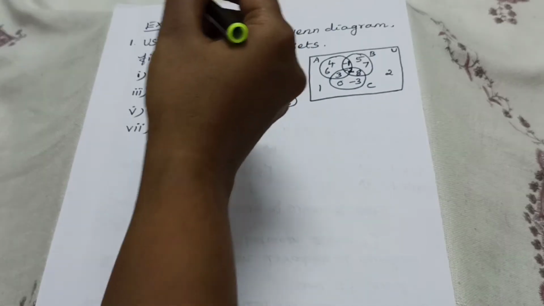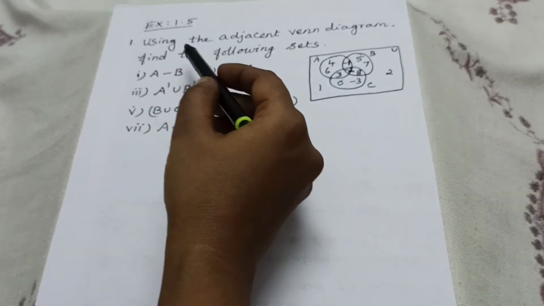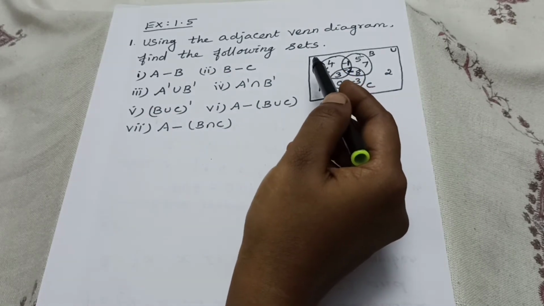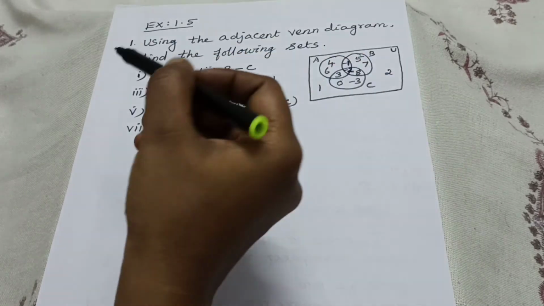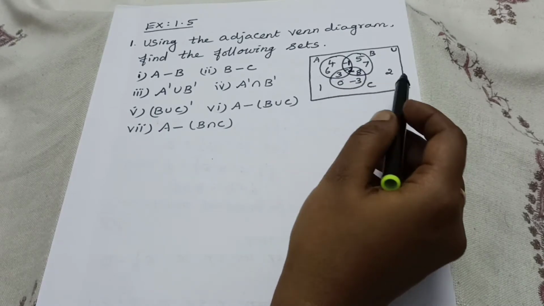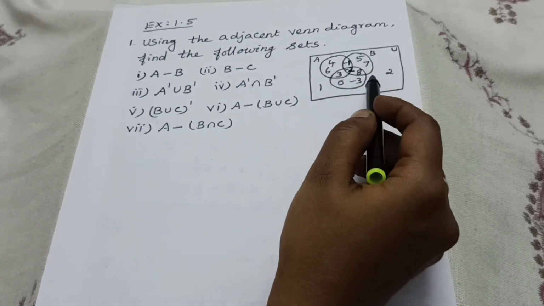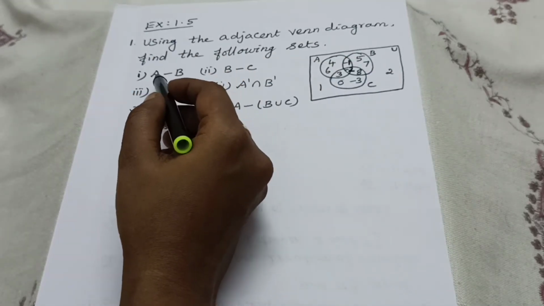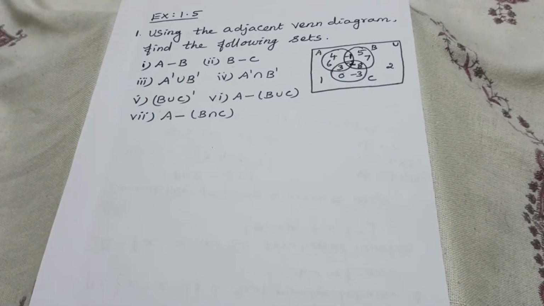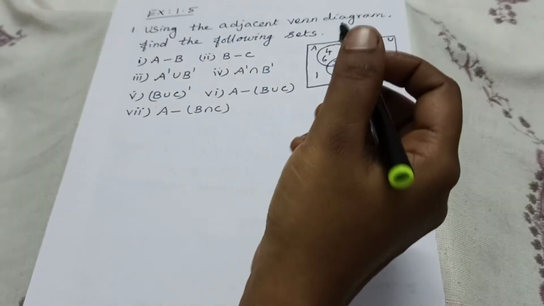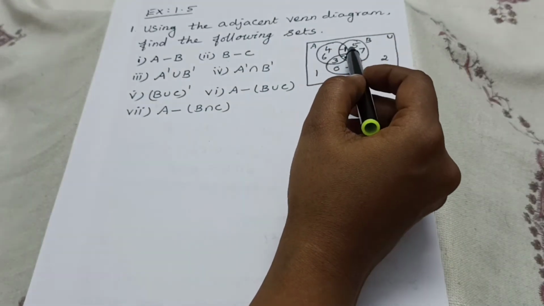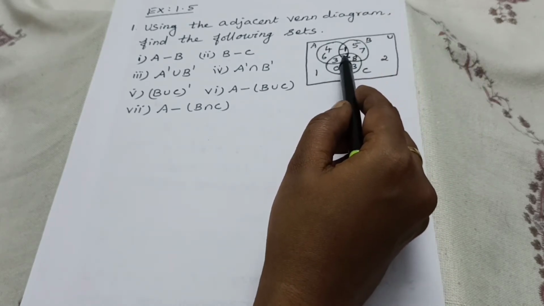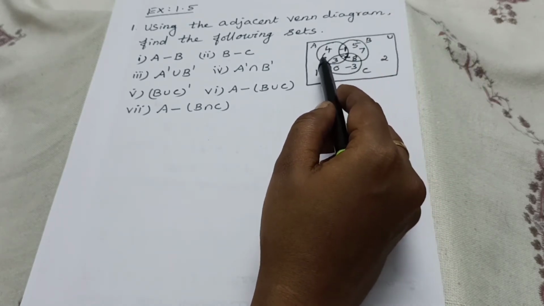Exercise 1.5, first one. Using the adjacent Venn diagram, find the following sets. Here one Venn diagram is given, and elements are also given. First one is A minus B. Here this is A set. The elements are minus 1, minus 2, 3, 4, 6.